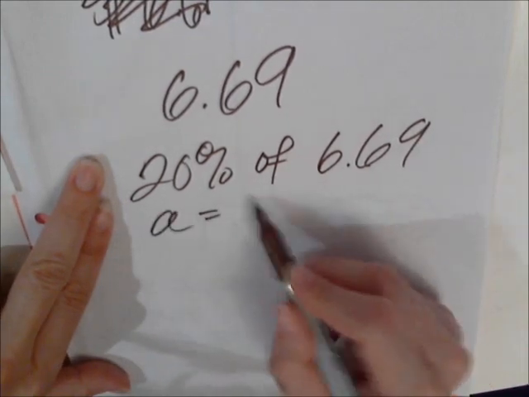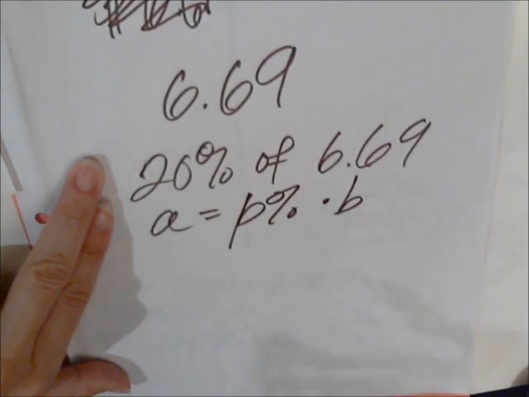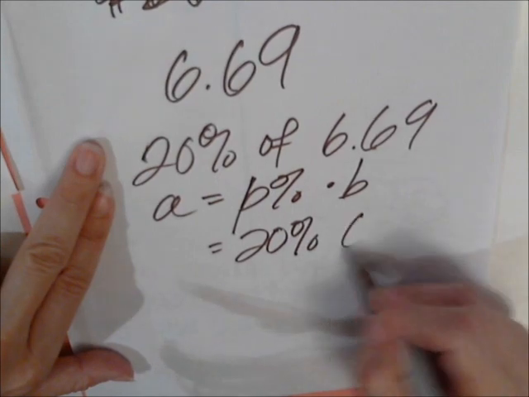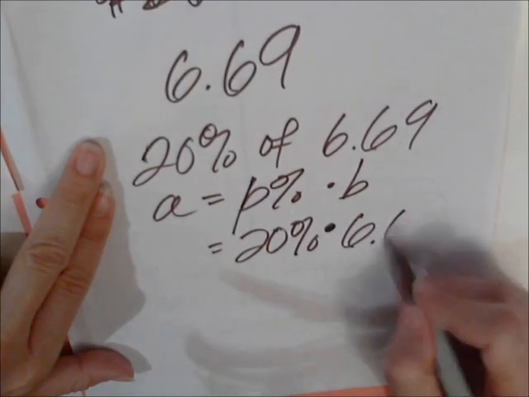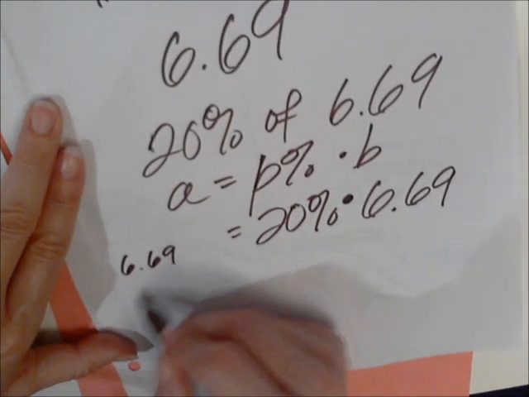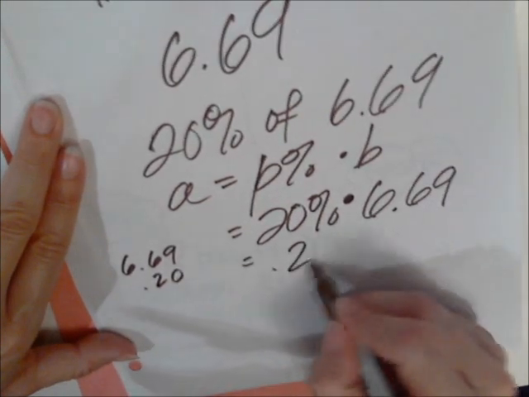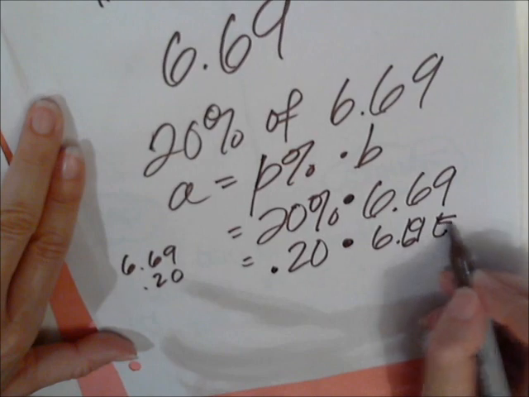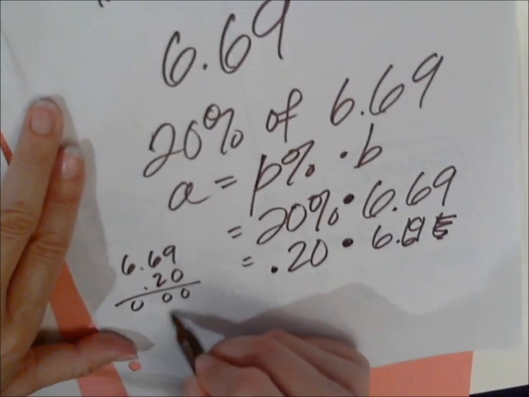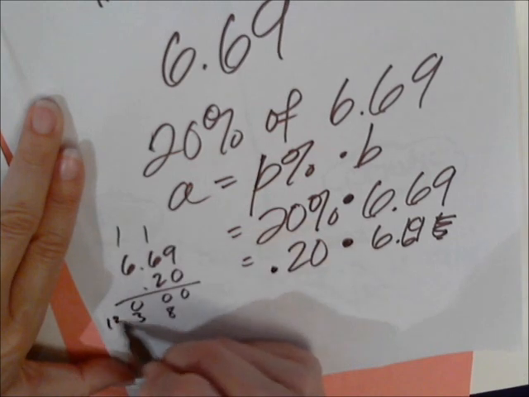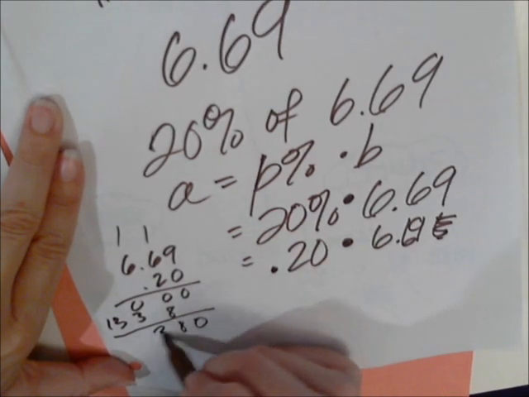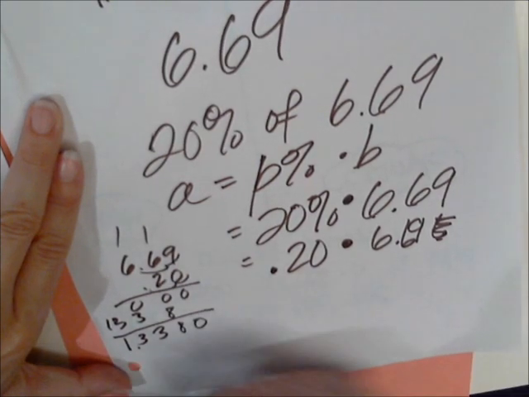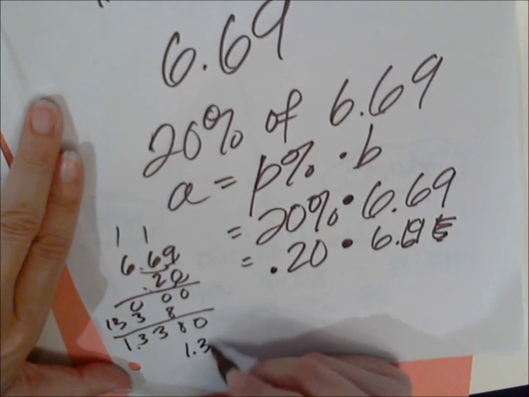So once again, we're going to use the percent equation. We're going to find 20% of 6.69. So 6.69 times 0.20 comes out to about $1.34.